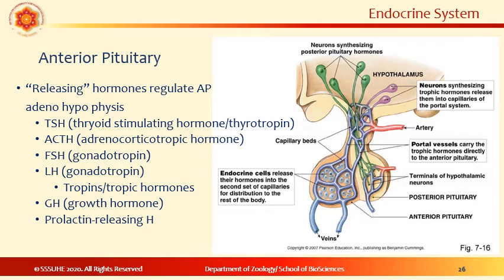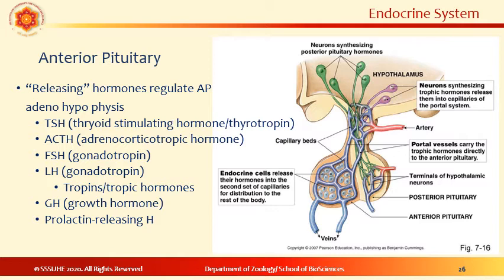Various releasing factors or hormones regulate the anterior pituitary, which is the adenohypophysis. So you have the variety of thyroid stimulating hormone, thyrotrophin, and the list goes on. In the picture, you can see that from the hypothalamus, neurons are synthesizing these trophic hormones and releasing them into the capillaries of the portal system.